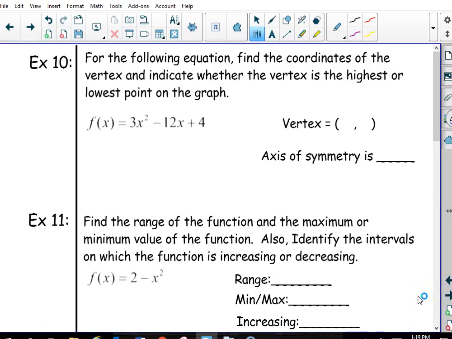Same idea. So for the following, I'm going to do the same thing. We just have more stuff to work with here. That gives us a +2.